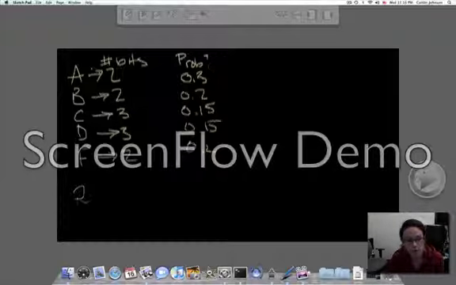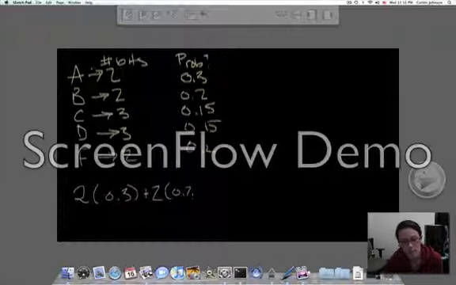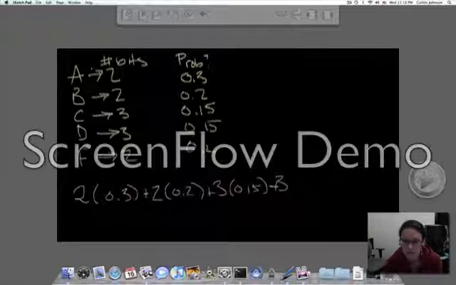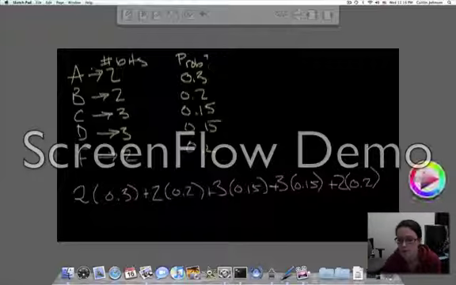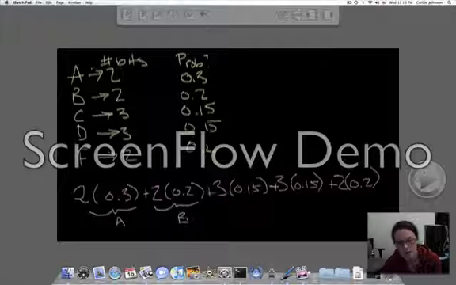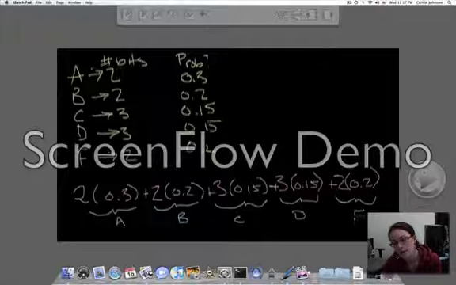So we have 2 bits times 0.3, this is for A, plus 2 bits times 0.2 for B, plus 3 bits times 0.15 for C, plus 3 bits times 0.15 for D, plus 2 bits times 0.2 for F. Once again, this was A, B, C, D, and F. So let's see, how does that work out with math?